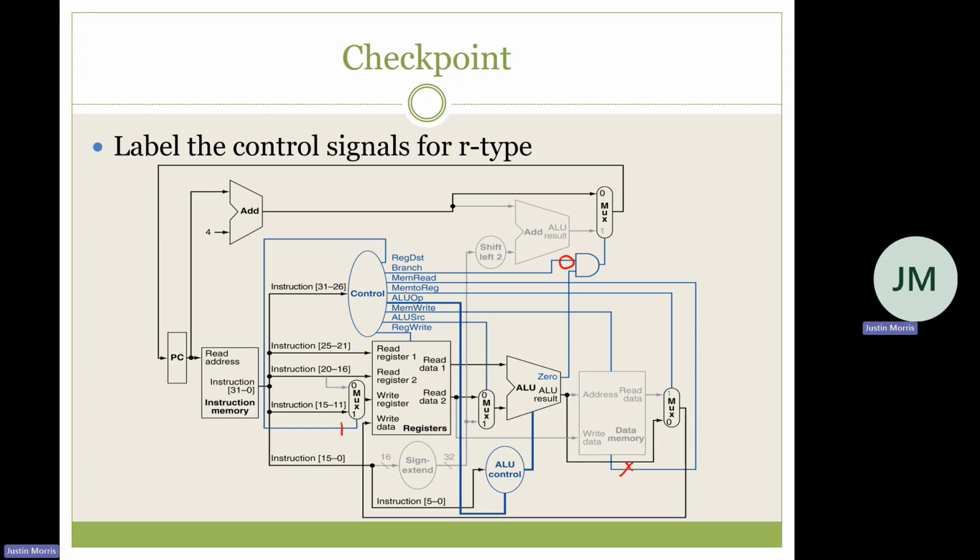Well, what's next? Mem to reg. What does mem to reg need to be? What does ALU op need to be? What does it need to be? Like 0, 1.